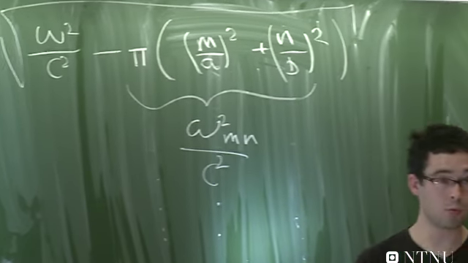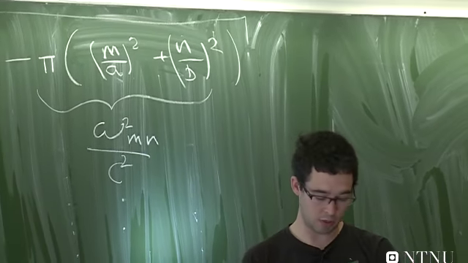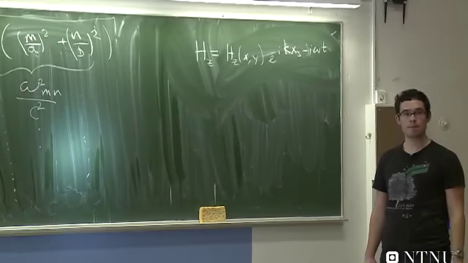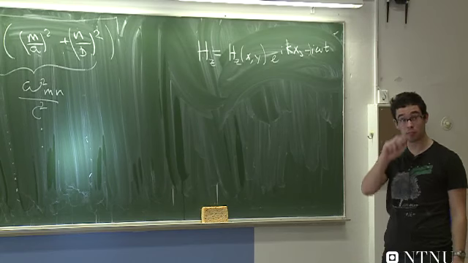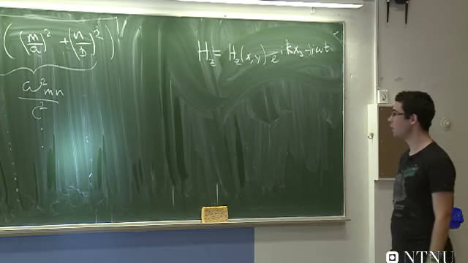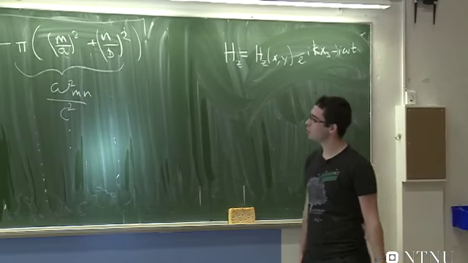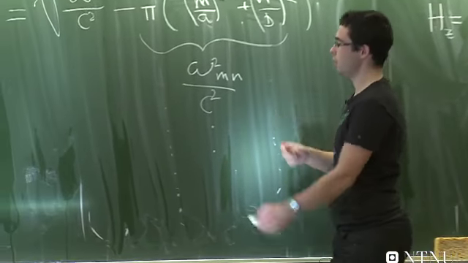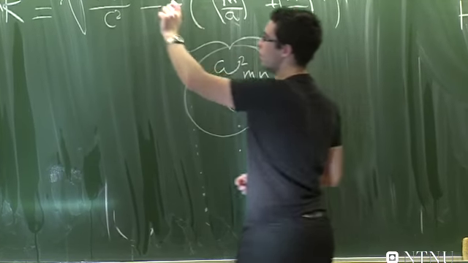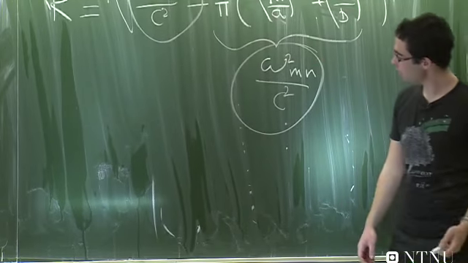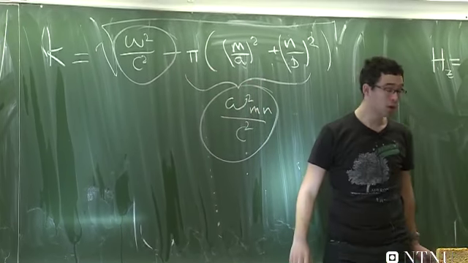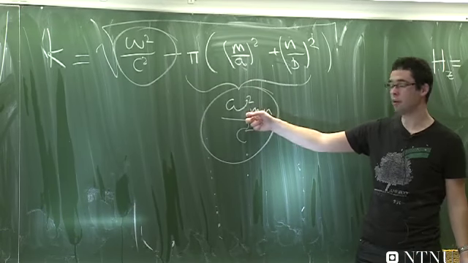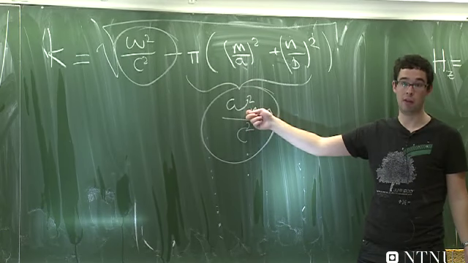You can discuss for 1 minute, and then we need an answer. Yeah? k is real if it's a propagating wave? k should be real, yes. Meaning that if you look at this equation, then this term has to be smaller than this term, right? This means that omega has to be bigger than omega mn. And for this reason we call omega mn the cutoff frequency of mode mn.